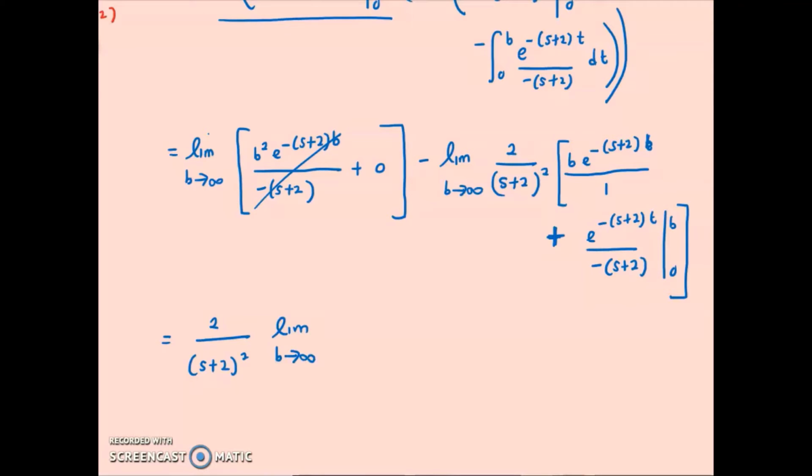Obviously, there's a negative sign. Let's just write it properly. And then we have negative, negative, and then take out the negative here. e^(-(s+2)b) over (s+2) plus e to the power 0 is 1.